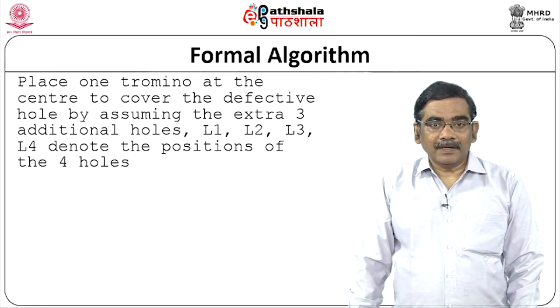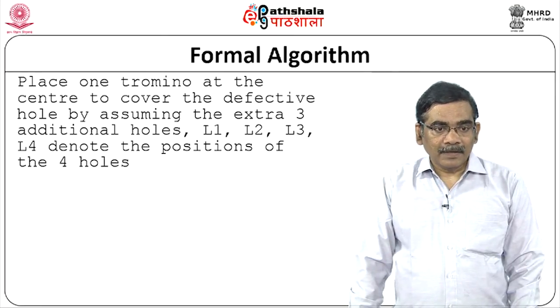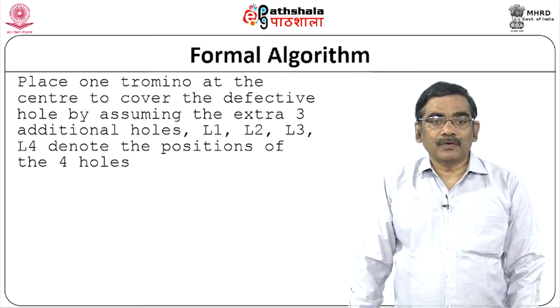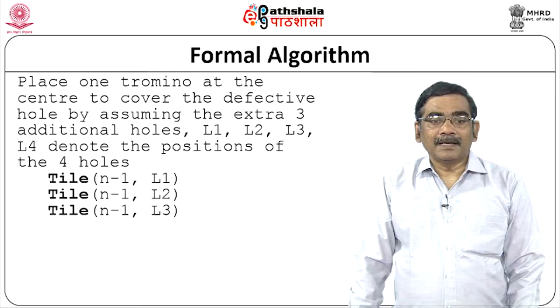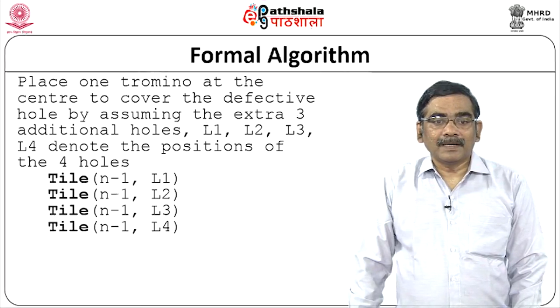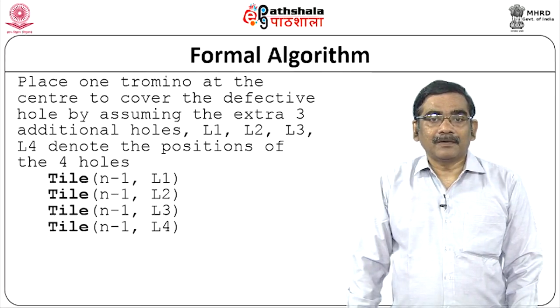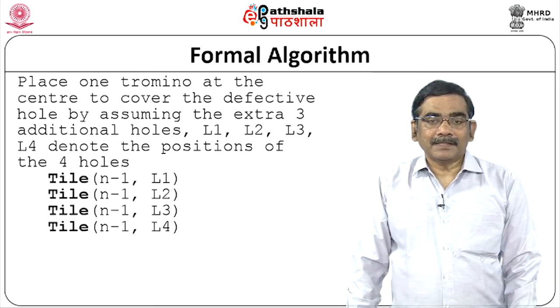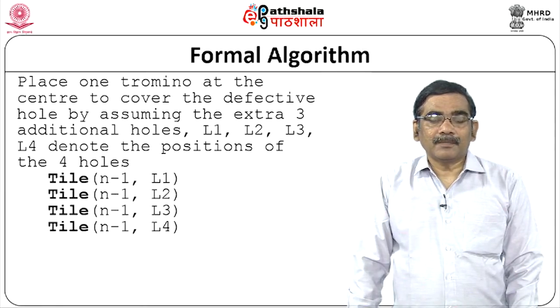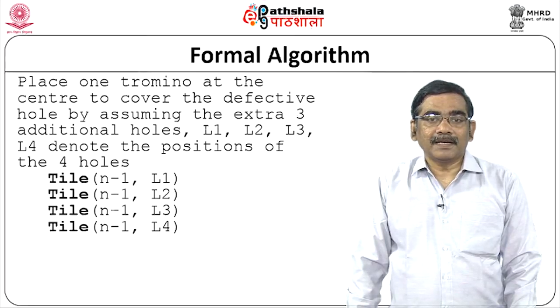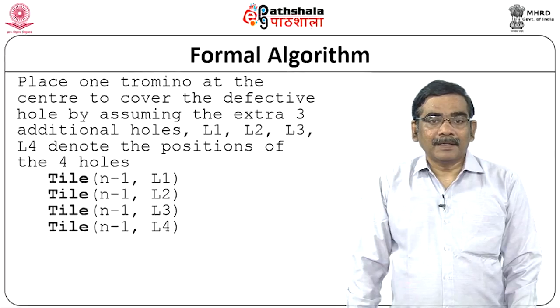Suppose L1, L2, L3, L4 denote the positions of the 4 holes, then we can call this algorithm in a recursive manner involving L1, L2, L3, L4. In short, the board is divided into 4 parts and every subboard is smaller. Therefore, we can easily check whether the tiling is possible or not, and finally, we can combine all the things.